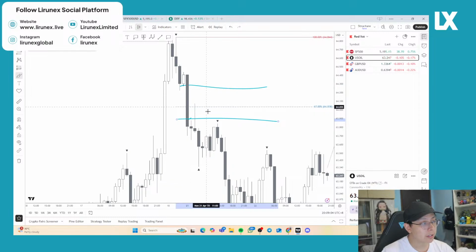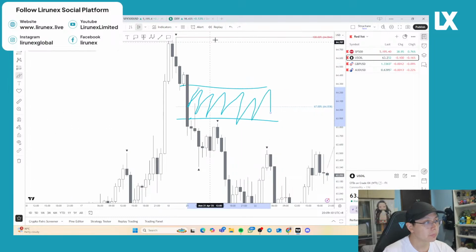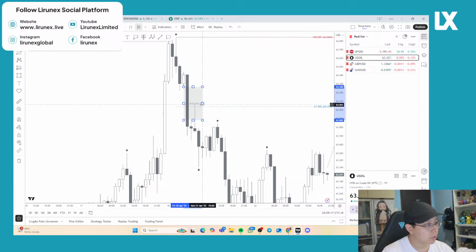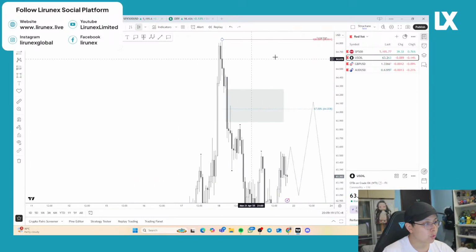So when we have a situation like that with a candle pattern like that, this is what we call a fair value gap, right? Usually if you want to draw it out, we use a rectangle tool, and then that's your fair value gap.